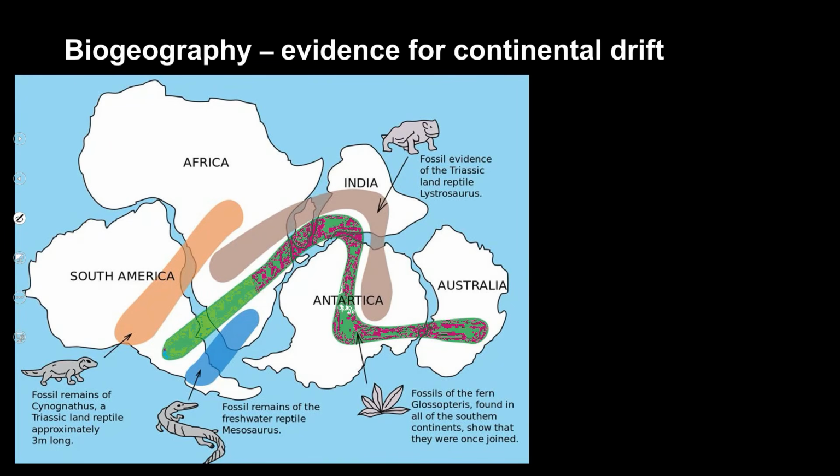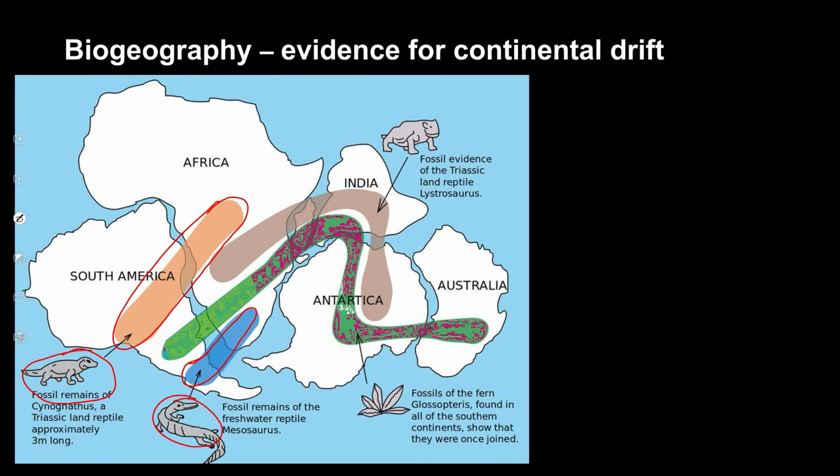Okay, first of all, showing that Africa and South America were once joined are fossil remains of certain types of reptile. Also showing that South America and Africa were joined are fossil remains of something that almost looked like a crocodile.